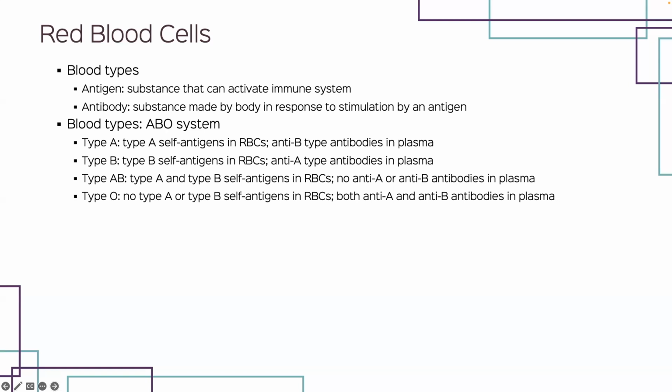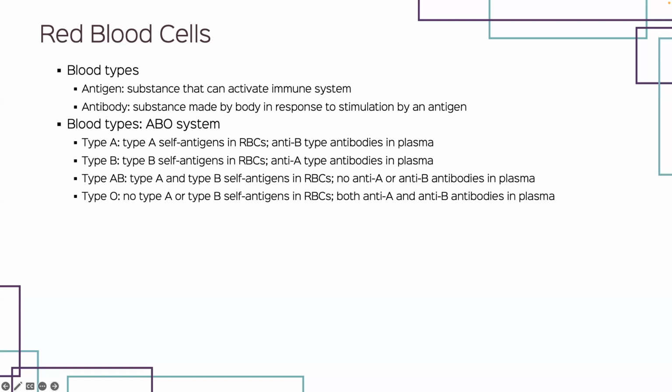Similarly, in type B blood, the red blood cells contain a type B antigen, and then the plasma contains anti-A antibodies. Type AB blood, as its name indicates, has red blood cells that contain both type A and type B antigens, so they contain neither anti-A nor anti-B antibodies.